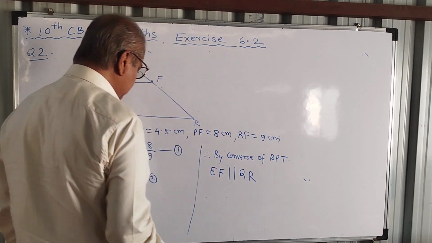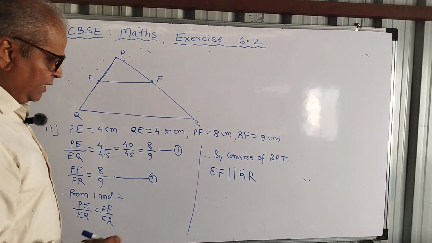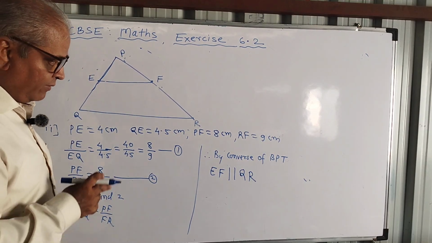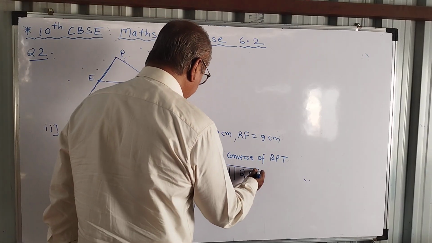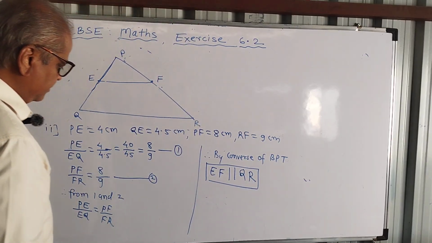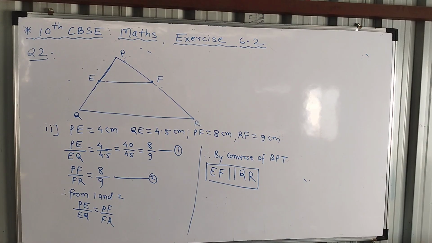So when the line is not parallel you need to write it in words, but when the line is parallel you can write symbolically. So again this is a 2 marks question. Now the last, third sub question we will solve.